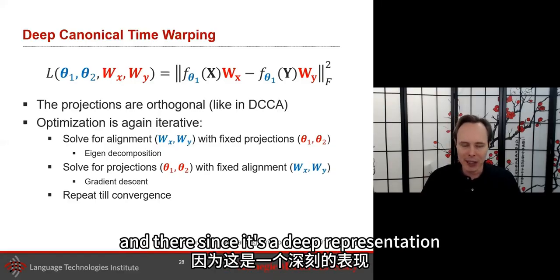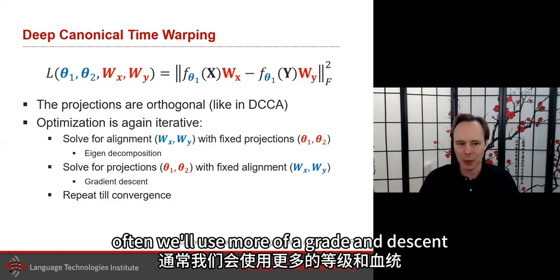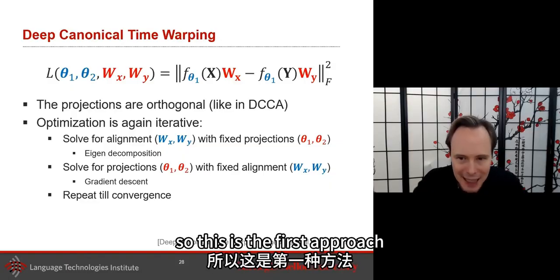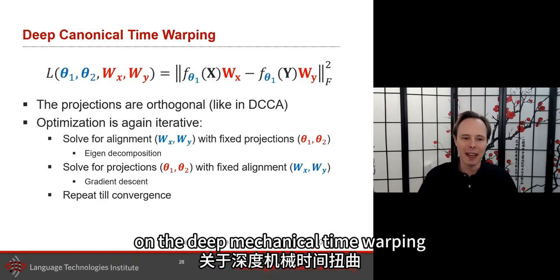And since it's a deep representation, often we'll use more of a gradient descent. So this is the first approach on deep canonical time warping.